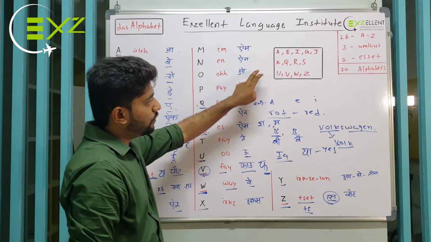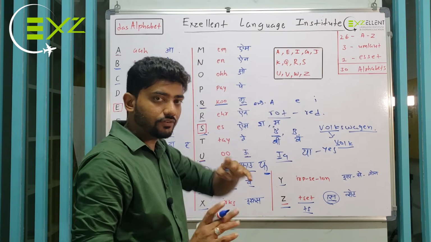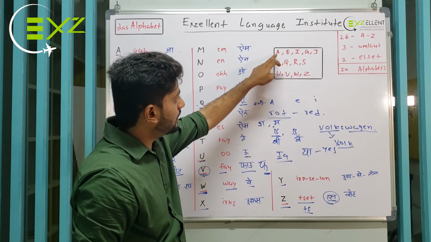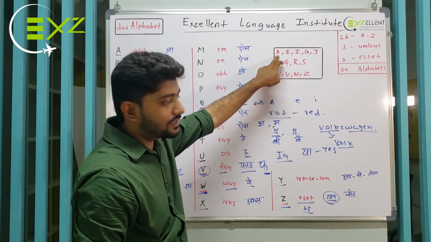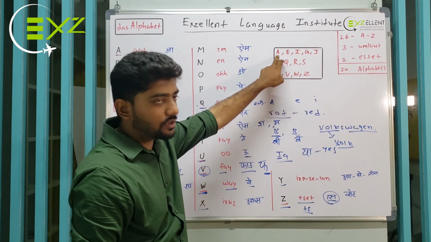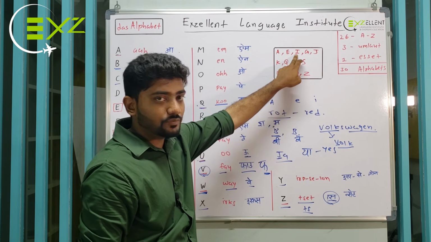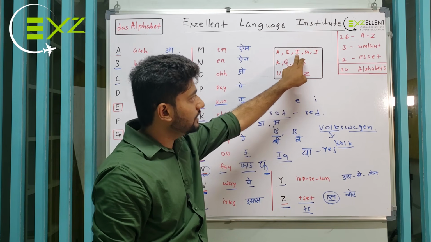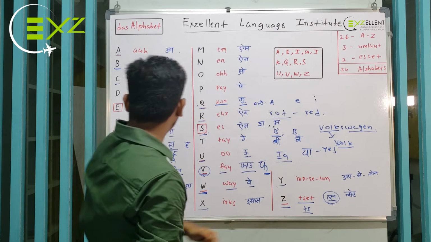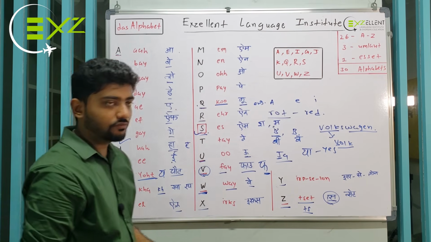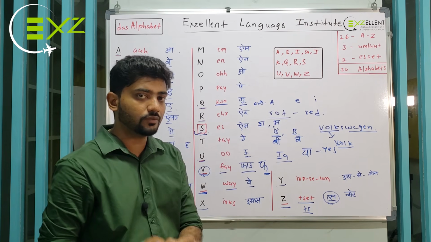Now here we have written all the alphabets which have different pronunciation than English alphabets. For example, A is like English A in German is A, E is A, I is E. G, E and S we are going to have dedicated videos for the pronunciation.